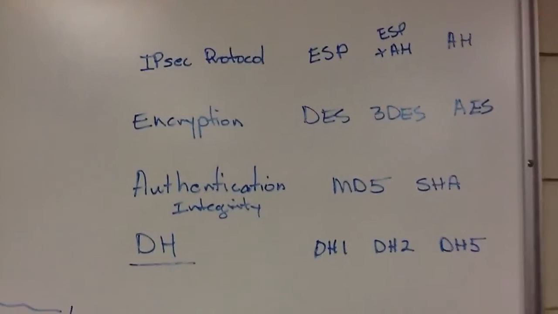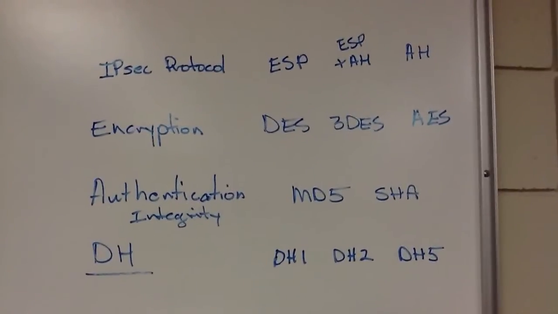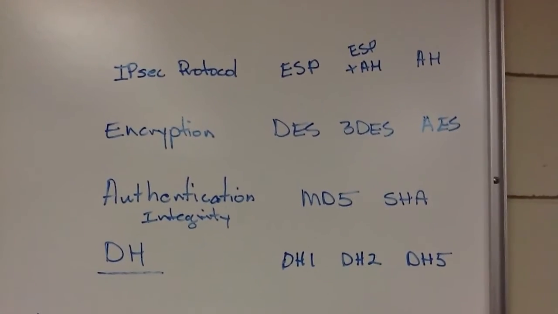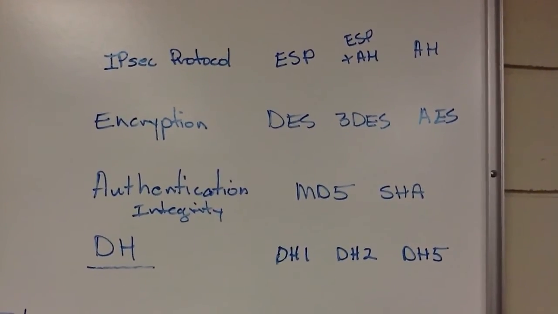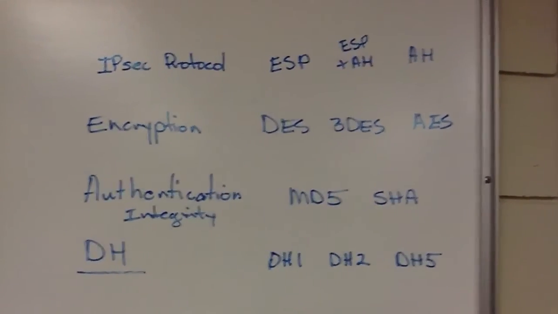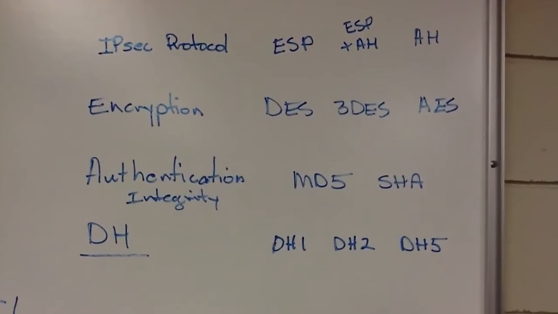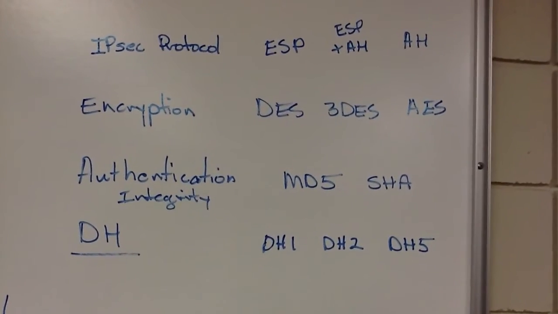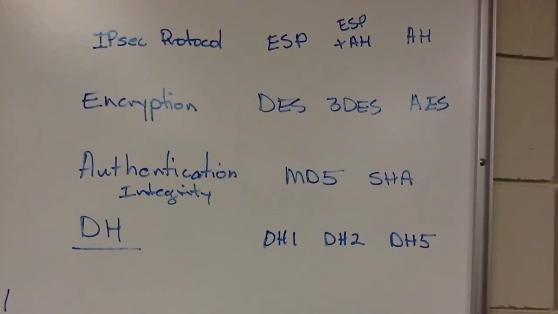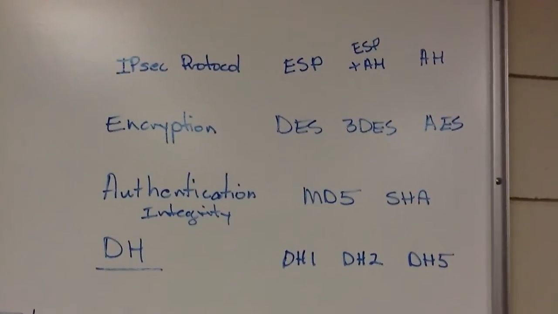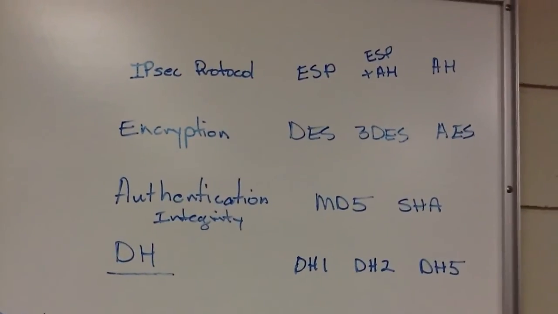In VPNs, you'll hear talk of these major things. IPsec protocol, this is a framework, whether we're using ESP, ESP plus AH, or just AH. What type of encryption? DES, triple DES, AES. The integrity and authentication, MD5 or SHA as far as hashing, and then Diffie-Hellman. What different type of Diffie-Hellman that you're using.